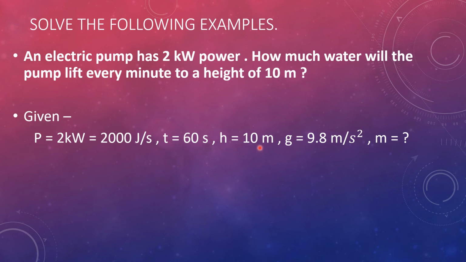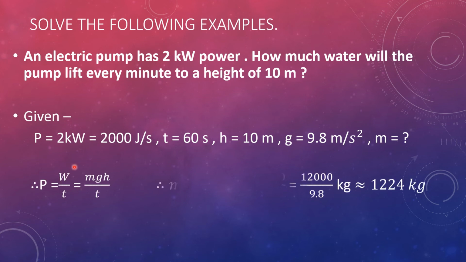Now the height is 10 meter and the water is lifted against the gravitational force of the earth. So we have to take here the value of g, and it is equal to 9.8 meter per second square, and we have to find m. Okay, m means mass of the water. Now use the formula of power.